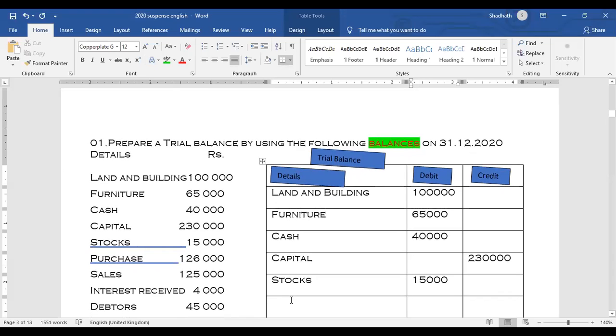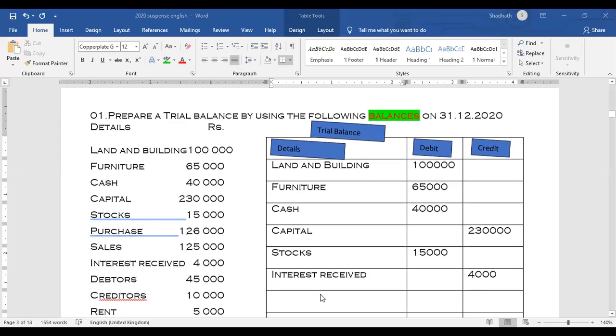Interest received. It's an asset. Sorry, it's an income. Interest received is an income, so credit side. Debtors mean, I forgot purchase. I'm sorry.